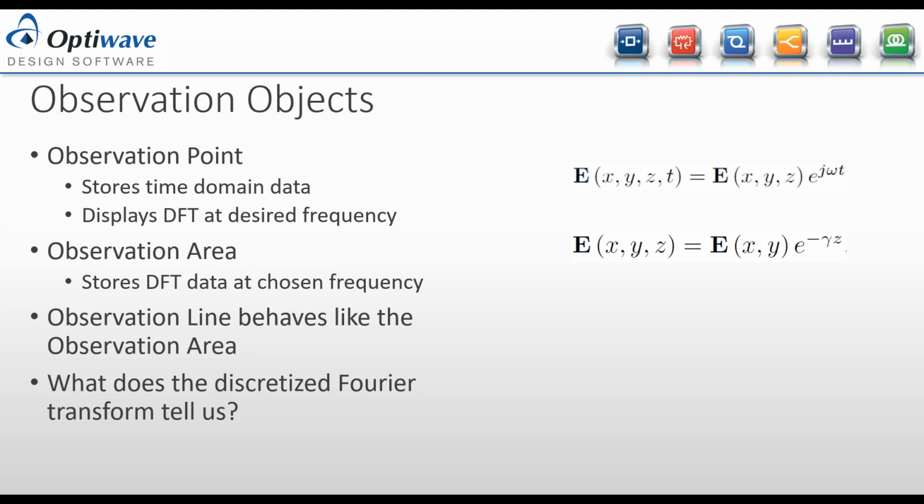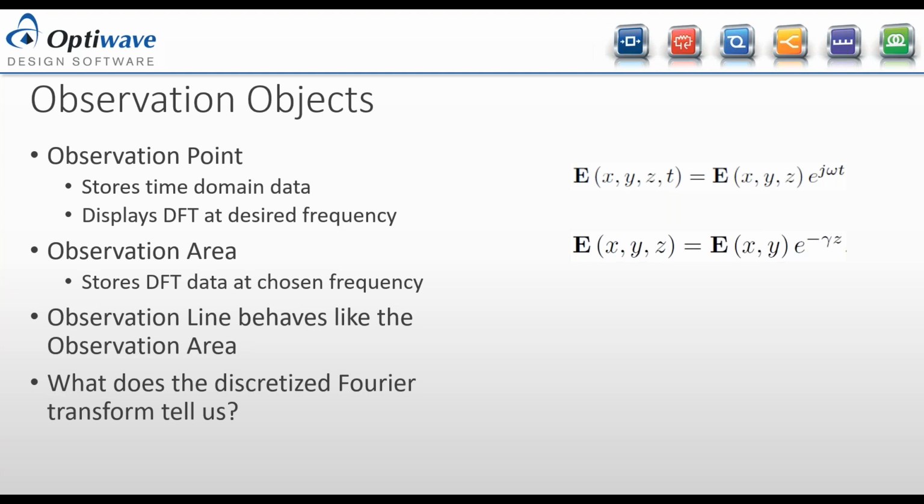Because if you think about it, if we had to have, for each time step, for all those mesh points, a field value, a real value because it's time domain, in a big simulation that's a lot of memory stored on your computer, right?